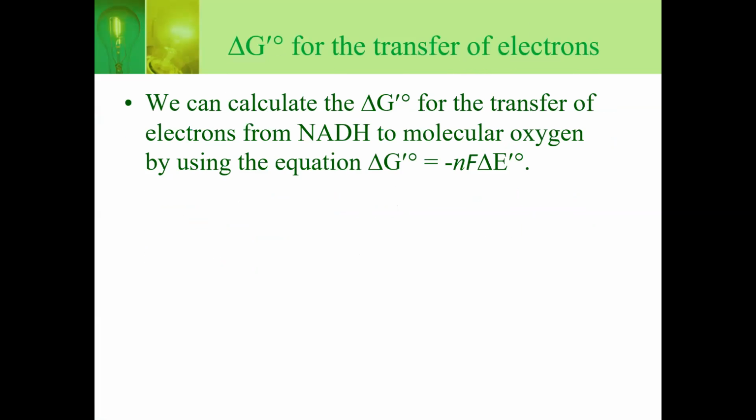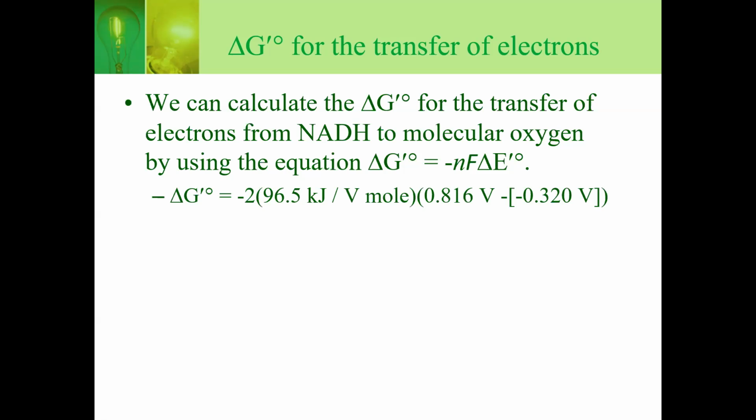So if you calculate then the delta G0' using this equation, you put the numbers in, and you can see the units are going to cancel pretty nicely here. Volts, you're going to get kilojoules per mole. That'd be per mole of electrons transferred. It is going to be minus 220 kilojoules per mole of NADH. And that's pretty spontaneous.